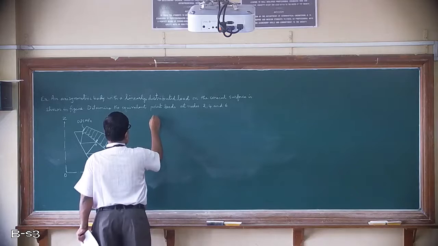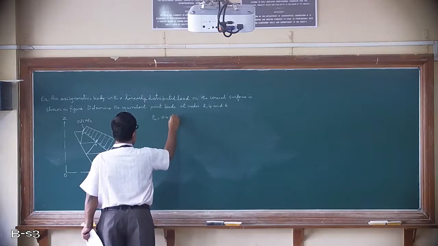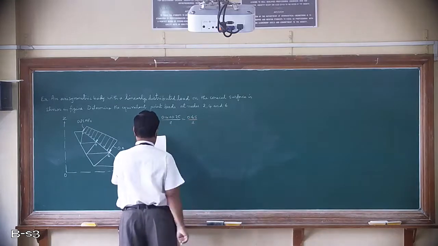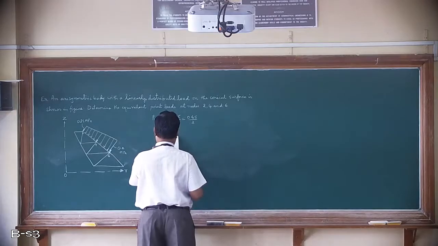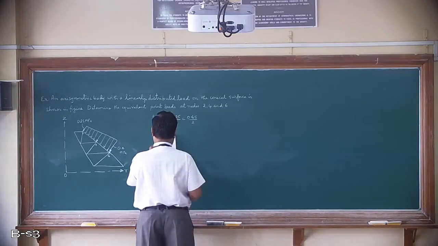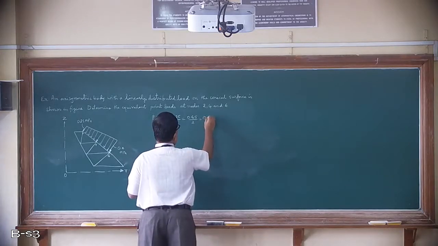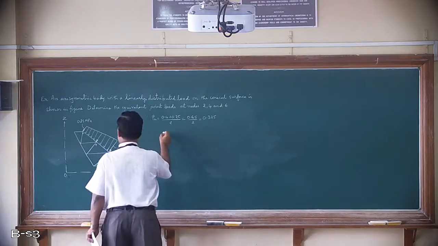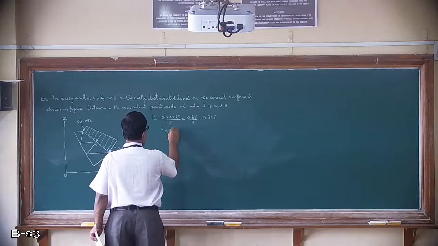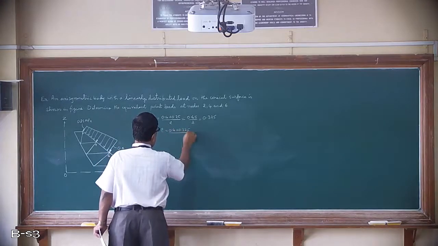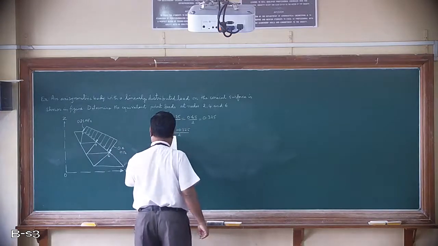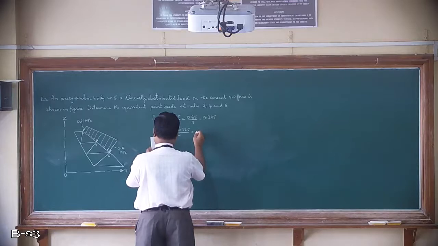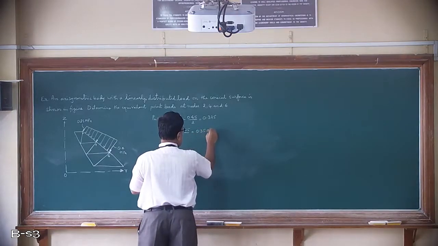If we take P mid, it is 0.4 plus 0.25 upon 2, which will be taken as 0.325. Further, the next one is P1: 0.4 plus 0.325 upon 2 will give you 0.35.